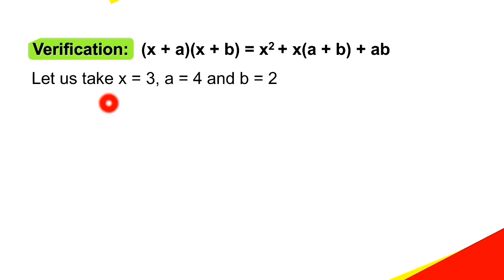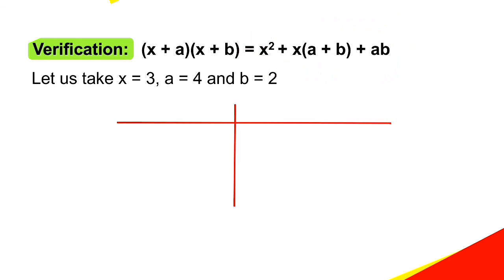Let us take X equals 3, A equals 4 and B equals 2. Now we are going to substitute these values in identity 4. Here we can see that (X plus A)(X plus B) is the LHS side and X square plus X into (A plus B) plus AB is the RHS side.